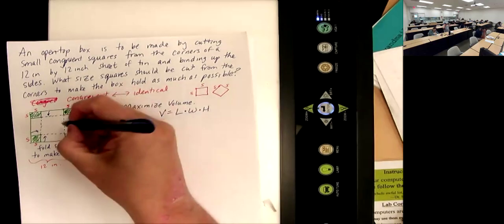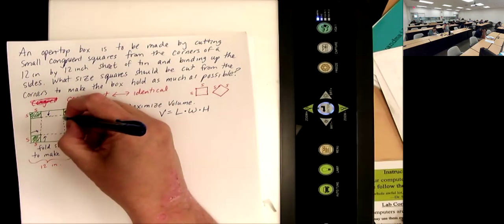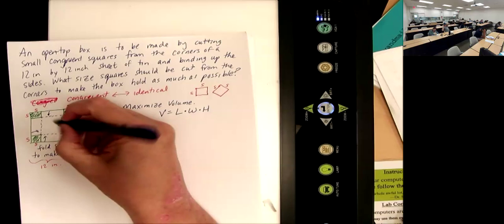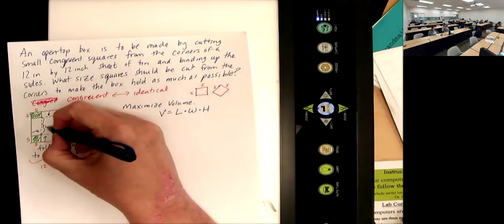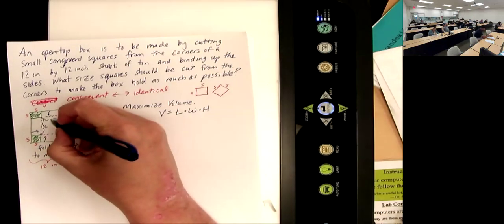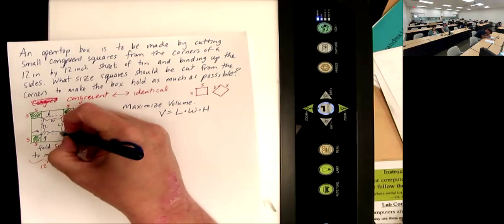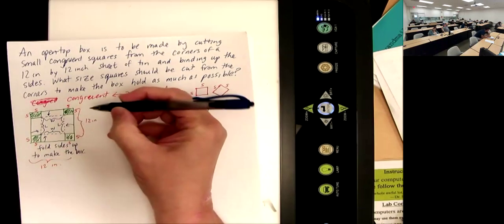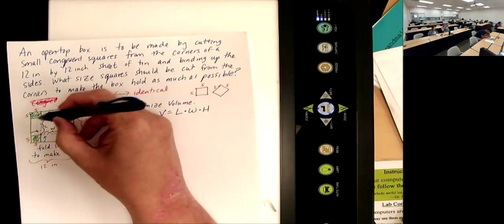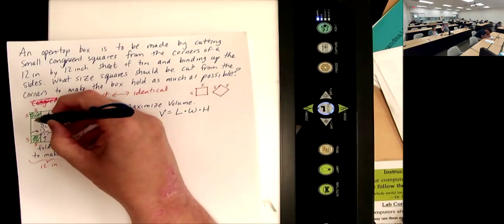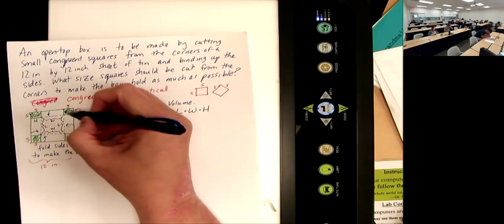So I could call this portion here L, this portion here W, and the sides that are coming up, this is what's coming up, the height is these parts.